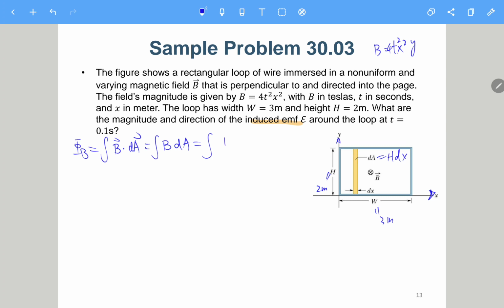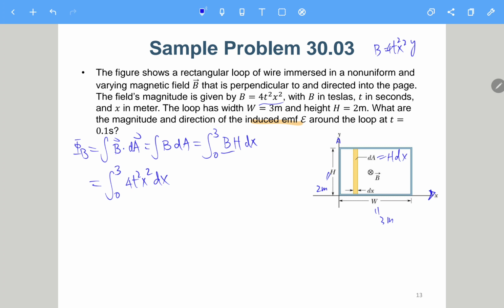So this is nothing but B times h dx, and of course x goes from 0 to 3 meters. We can substitute the expression of B here, so we have an integration of 4t squared x squared dx from 0 to 3.